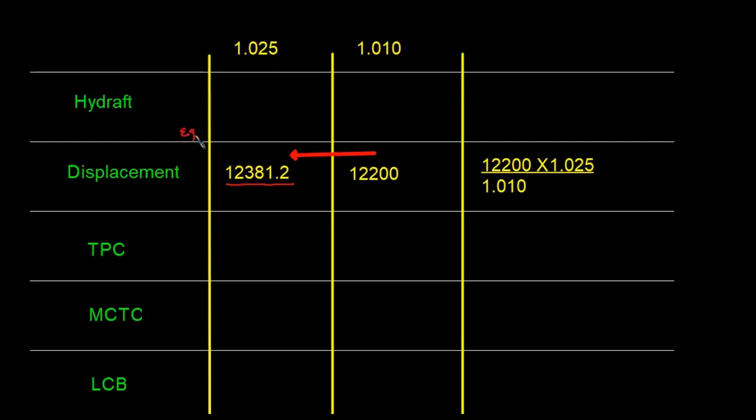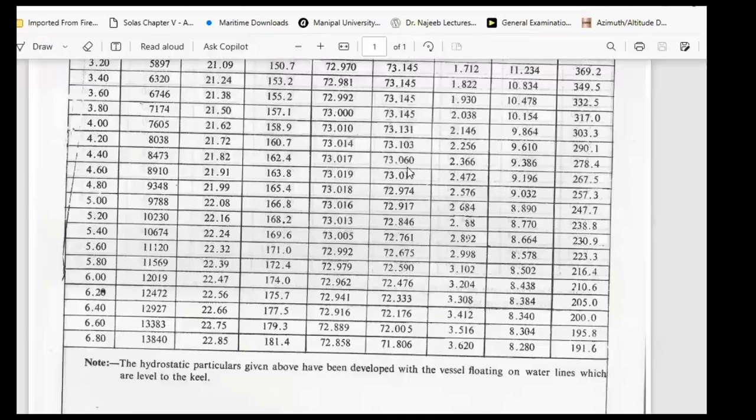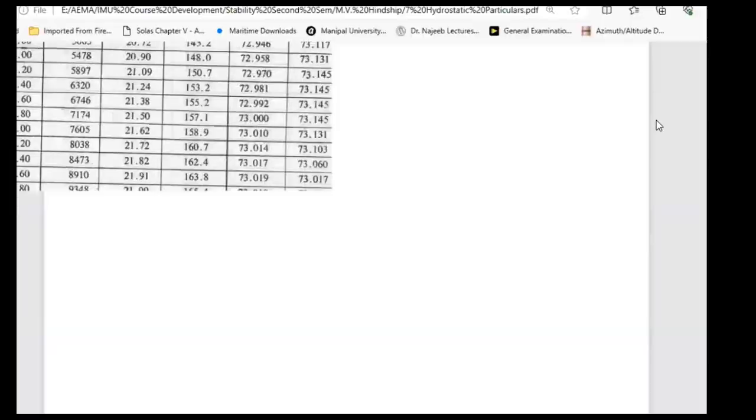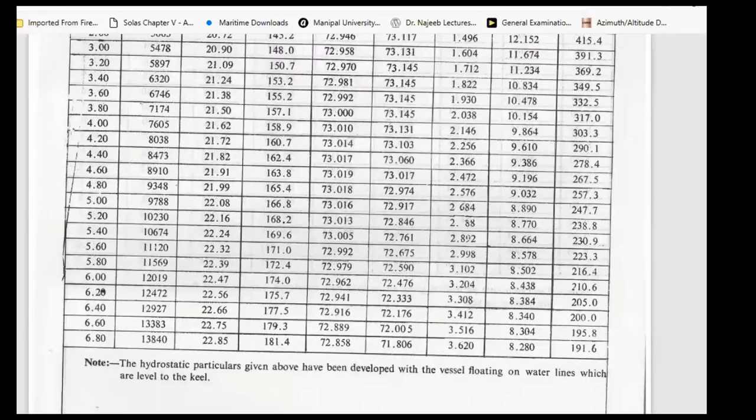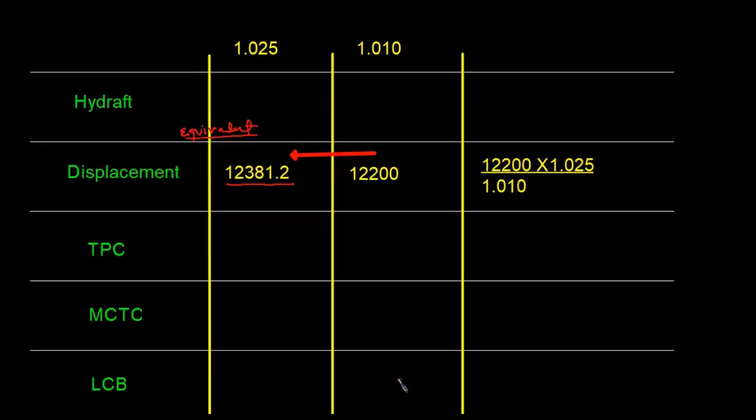Now there are two ways. We can directly start with this, or we can start with the equivalent hydrostatic draft. What is the equivalent hydrostatic draft? For that we need to come to this table. How much is the value? 12381.